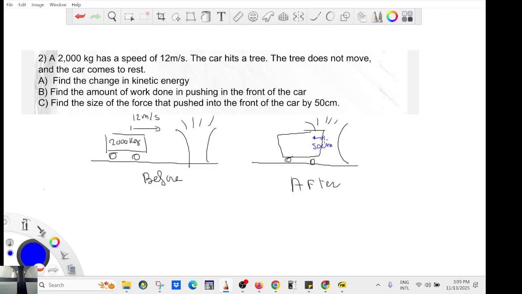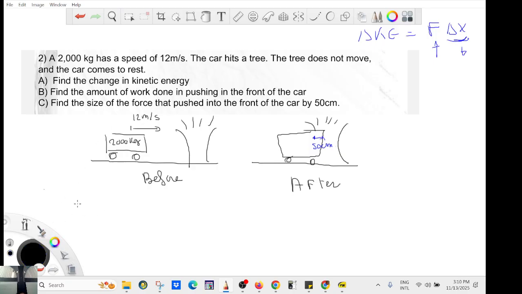If someone boxes and rolls over, the distance will be big, so the force will be small. If the distance is small, the force is big. All that change in kinetic energy goes into applying a force over a distance. If the distance is small, the force of impact will be very big.